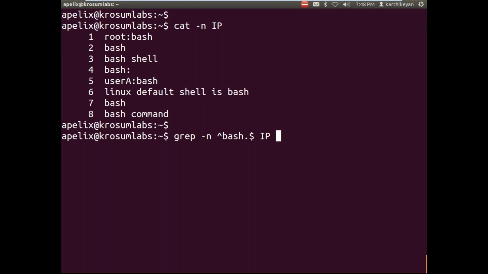So the line contains exactly bash with any one single character. It's not matching the second line because the second line is only the bash word. The fourth line, yes, bash with one colon is there. The seventh line is matching, bash with one space. So one space is one character. In case it is two spaces or three spaces, it won't match. I put one dot, so one dot is called one character.